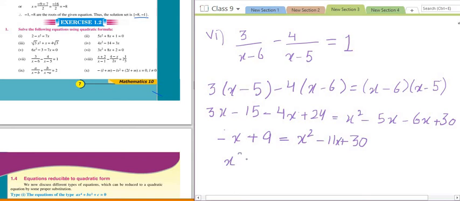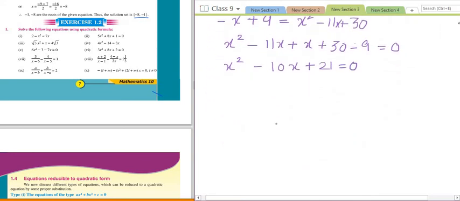This becomes x square minus 11x plus x plus 30 minus 9 equals 0. This becomes x square minus 10x plus 21 equals 0.